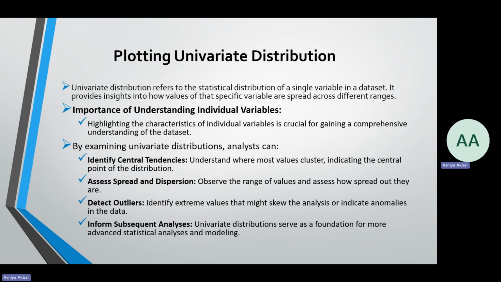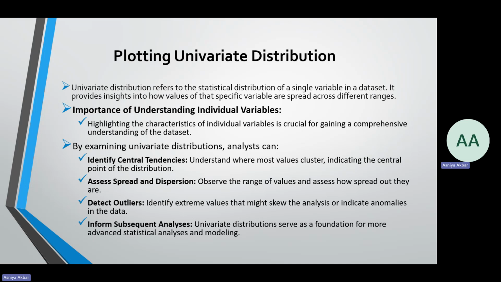You can also examine spread and dispersion. Univariate distribution allows an analyst to observe the range of values that the variable takes, measuring the range, variance and standard deviation, and it provides insight into how spread out the values are from the central tendency.